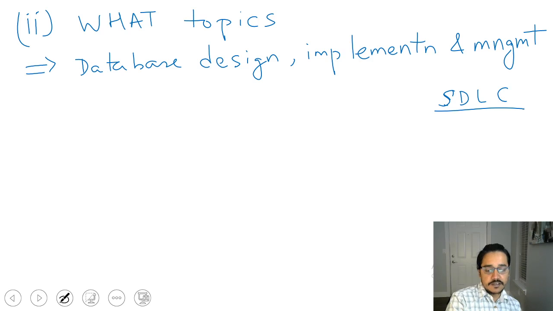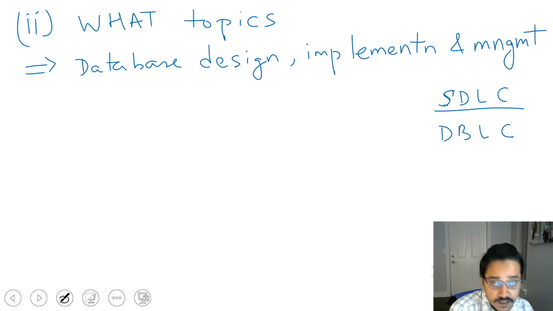That is the step-by-step heuristic approach that you need to follow in order to design and develop good software. Similarly, in order to be able to design, develop, implement, and manage good database systems, we have what is known as the DBLC, which is the database lifecycle, which has a lot of similarities with SDLC, but in its own way.